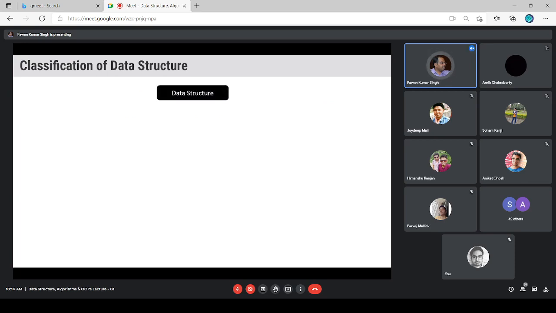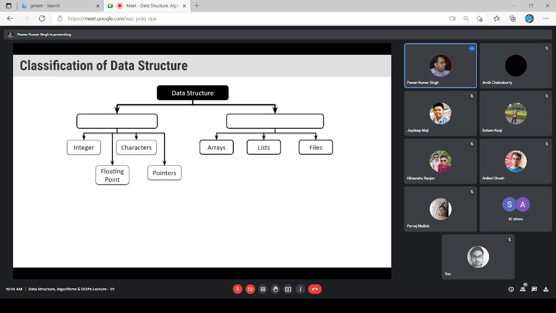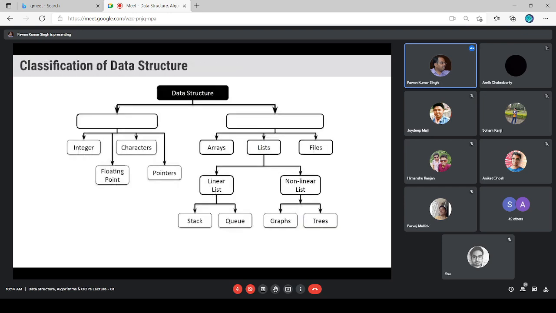Now, how is this data structure classified? Firstly, it is classified into two. The first one is the primitive data structure, and the second one is the non-primitive data structure. Now, what is a primitive data structure?